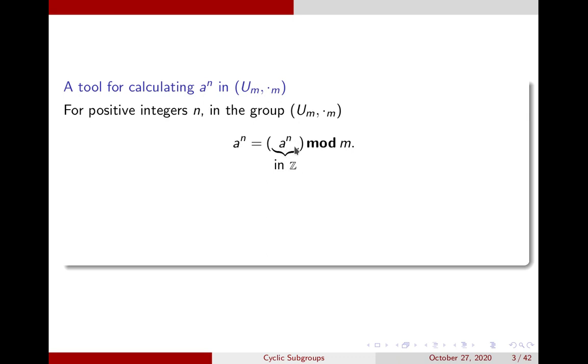This inside the parentheses is an ordinary exponent. And then you take the answer mod m. So for example, if we look at the group U sub 7, and we want to calculate 3 to the 5th in this group, we could do this by simply calculating 3 to the 5th using ordinary exponentiation and then taking the answer mod 7. Right, 3 to the 5th is 243, mod 7 is 5.